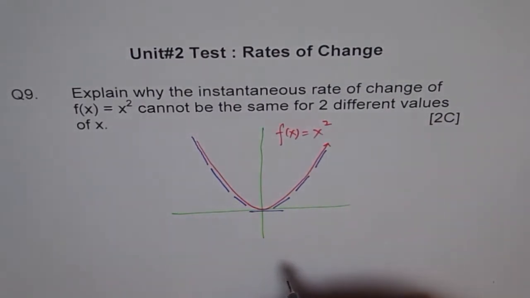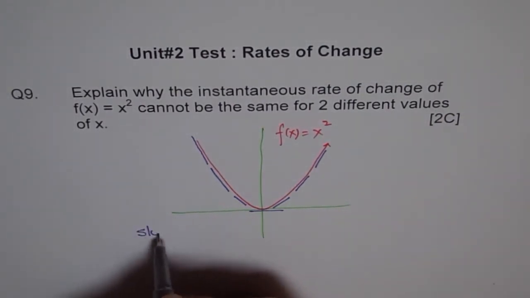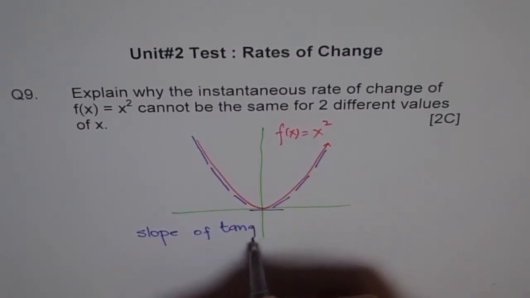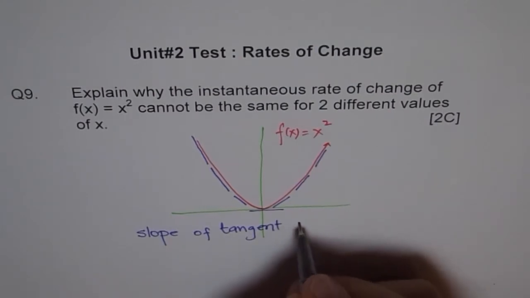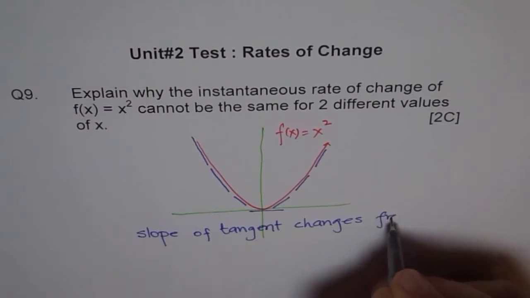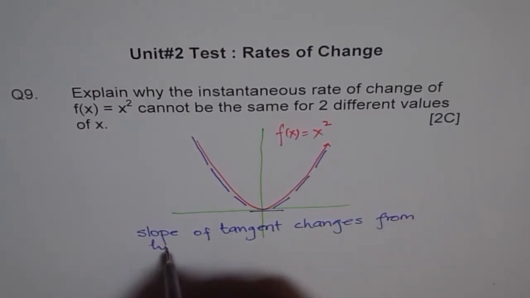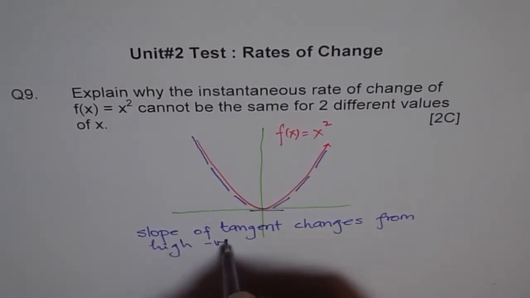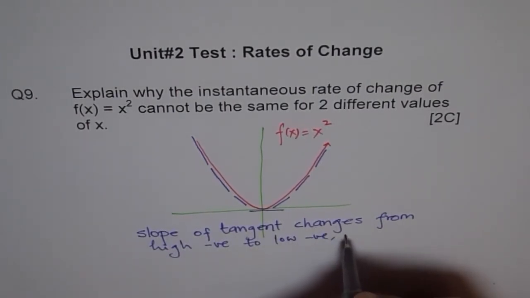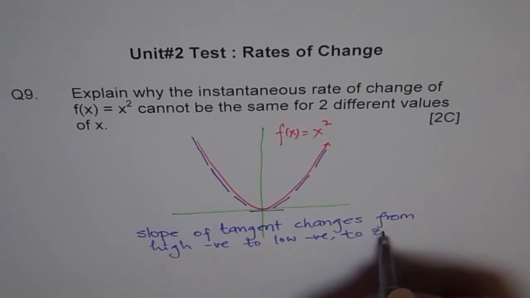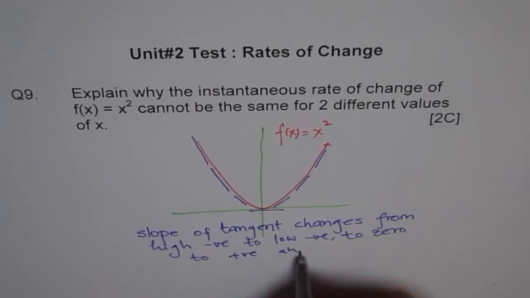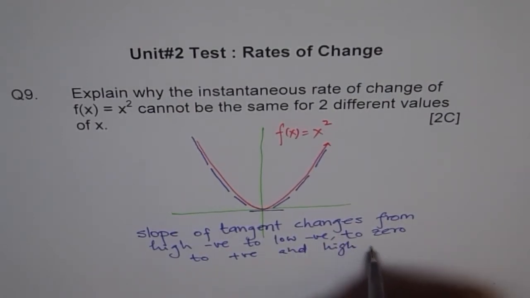So what we see is that the slope of the tangent changes, right? From a high negative value, to a low negative, to zero, to positive and high positive values.